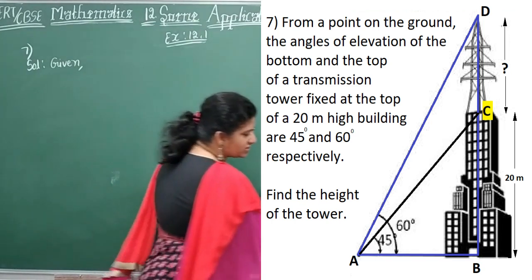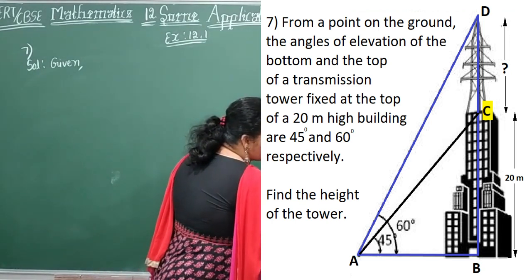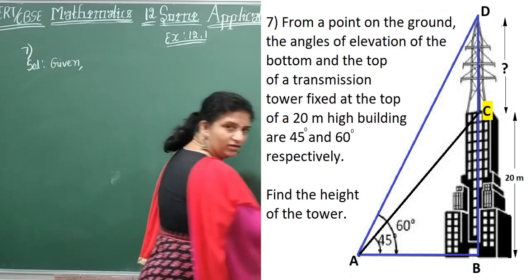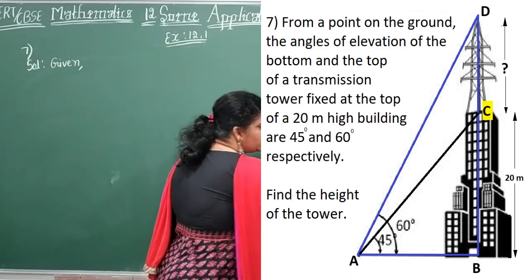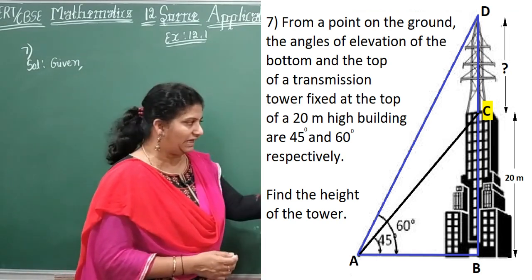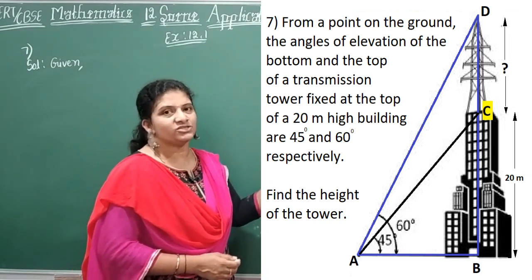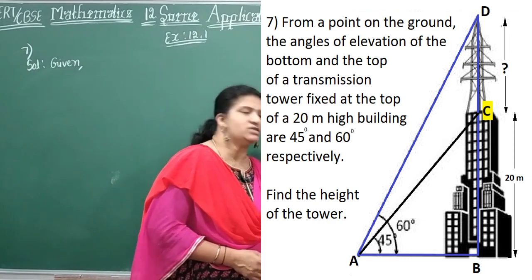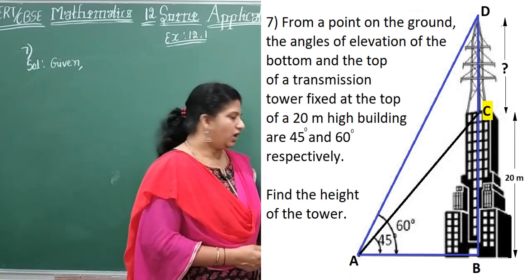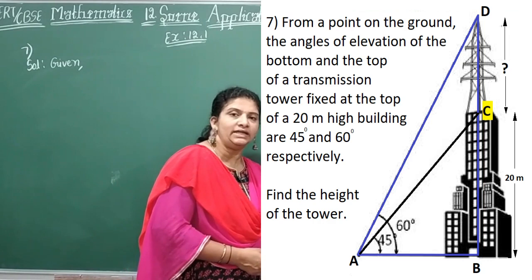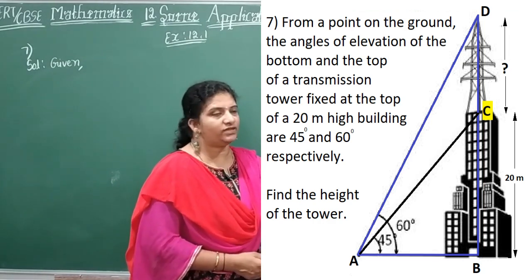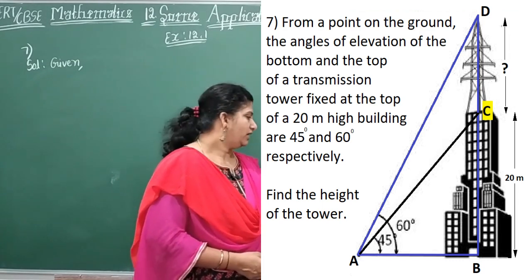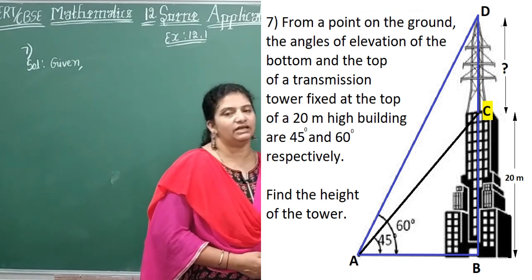Look here carefully, children. I have drawn my angle from here to here, not from here. Okay. So from here the angle of elevation to the top of the building, that is base of the tower, is 45 degree. Okay. And from a point A, the angle of elevation to the top of the tower D is 60 degree.